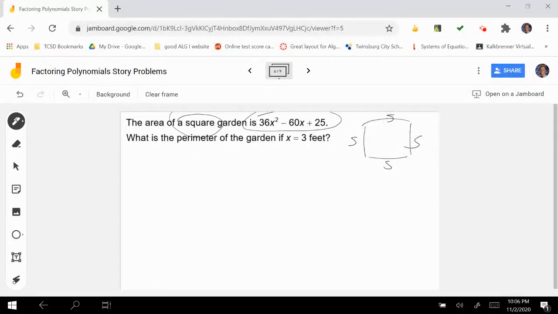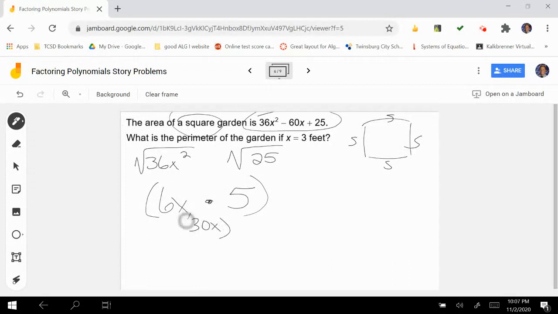So how do we do that? Real simple. We take our first term, 36x squared, and we square root that term, and we get 6x. We take the third term, and we square root that, and we get 5. We're going to multiply those. We get 6 times 5 is 30.